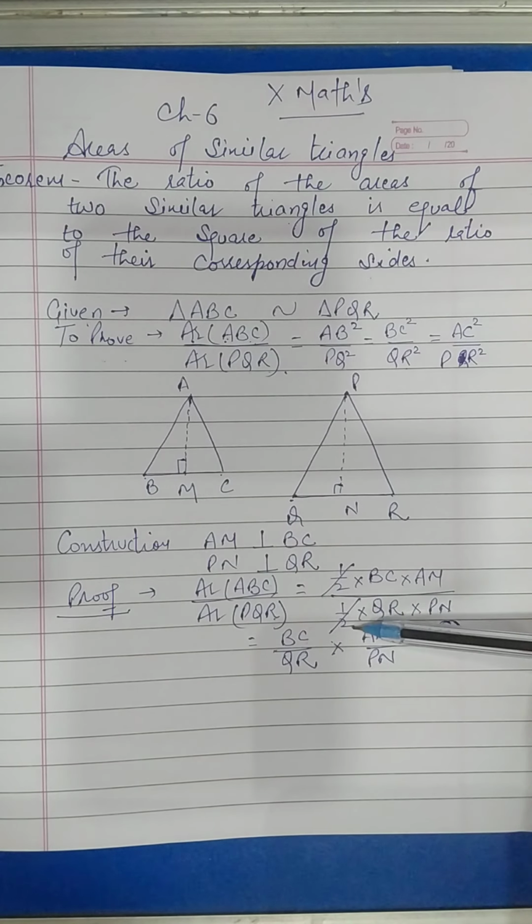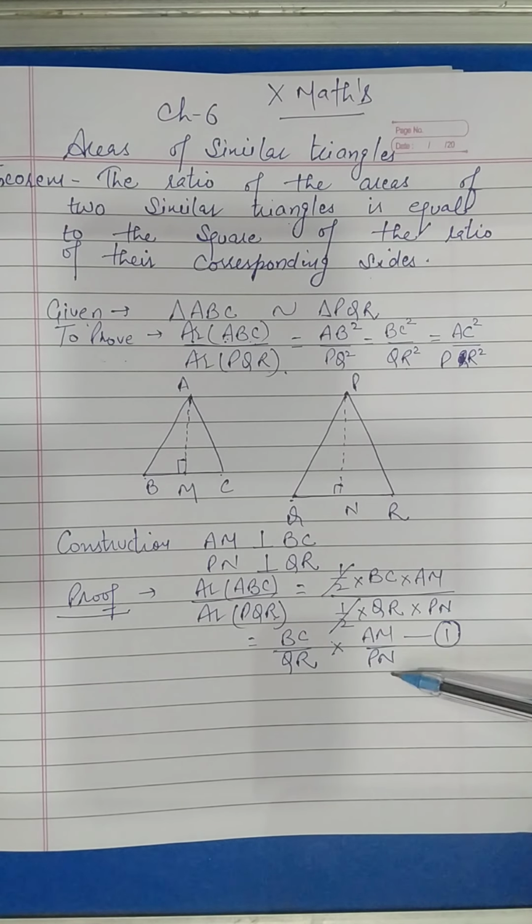If I can write BC upon QR in place of AM upon PN, then on multiplying it will be BC square upon QR square. So our target is to prove AM upon PN is equal to BC upon QR.